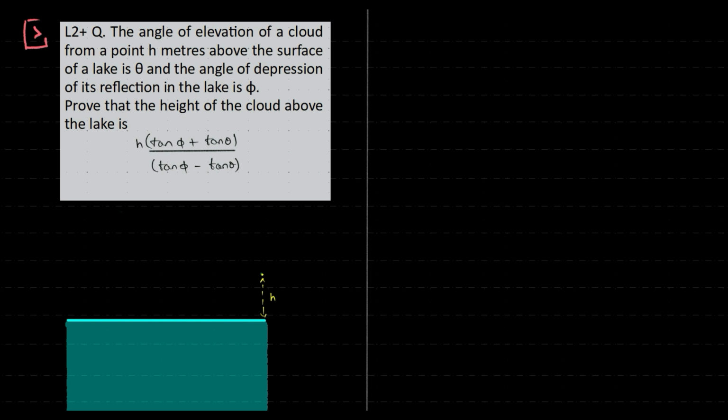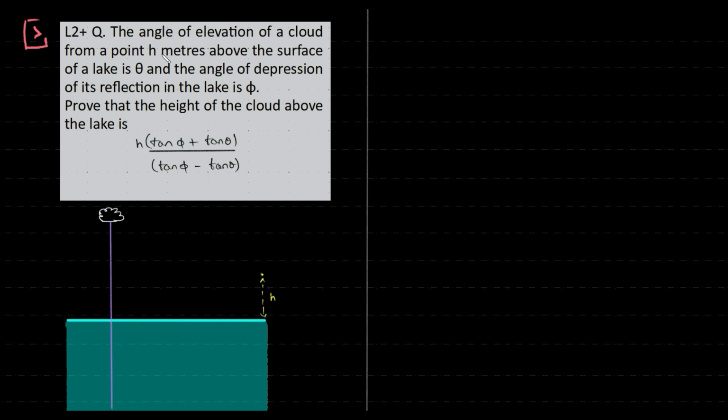And we are looking at a cloud, which is at a distance of say x. The reflection will be along the same straight line.